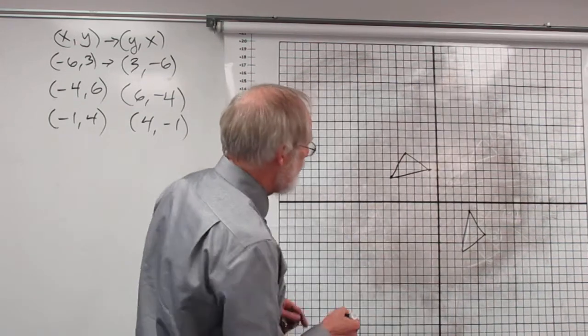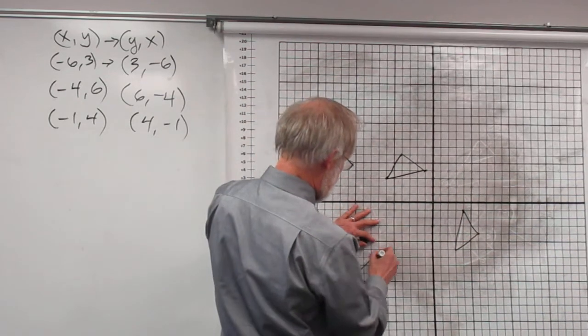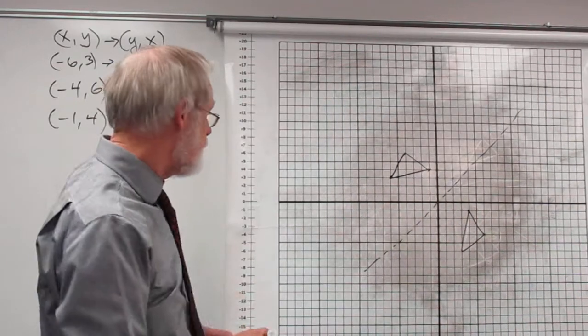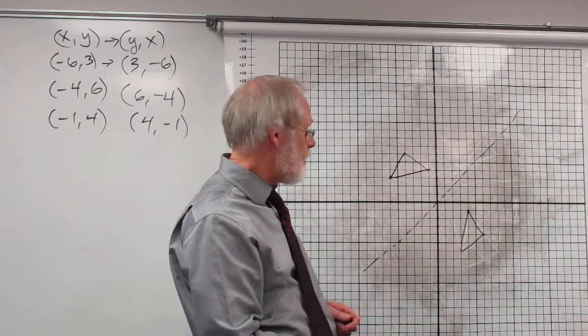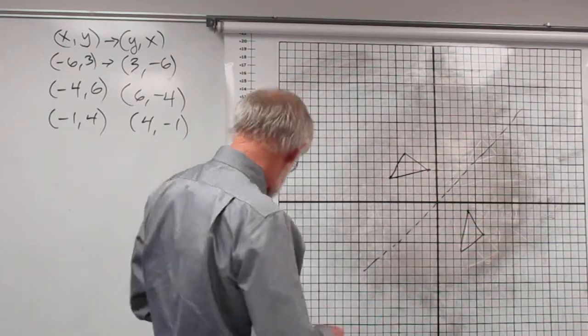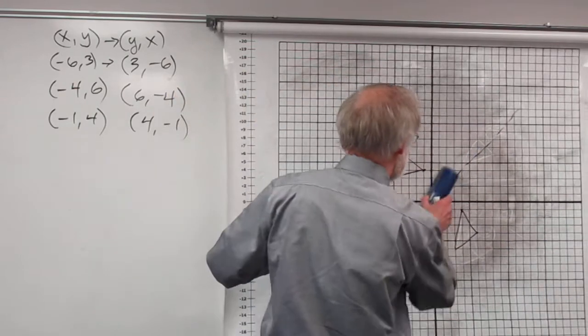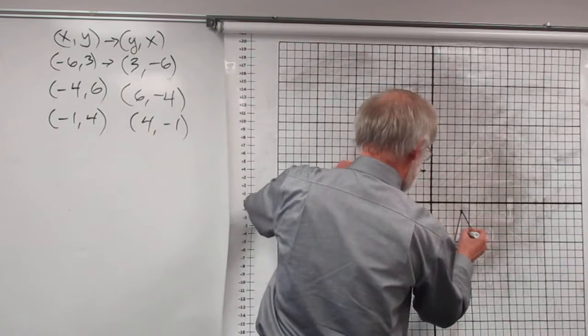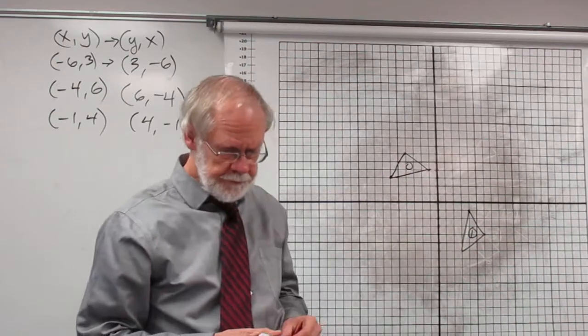So across this line, which you may recall goes like this, that's the line y equals x, slope of 1, y-intercept of 0. Reflect this across that line, and I get this. Now, if we call this O for original, this is iteration number 1.